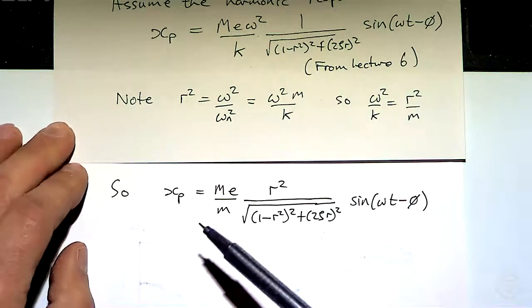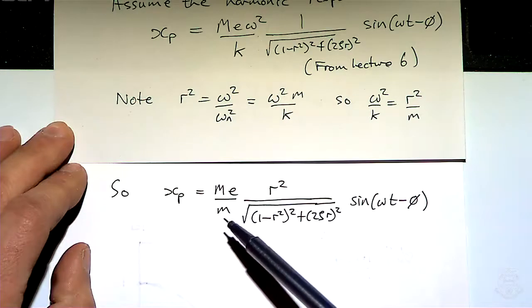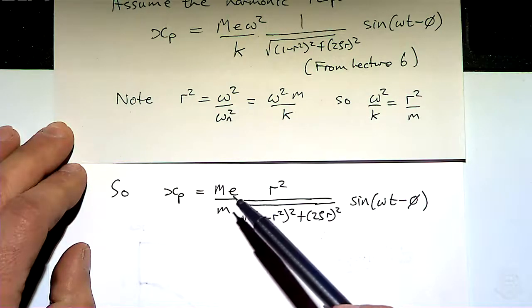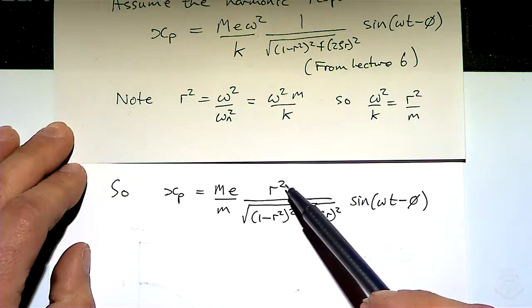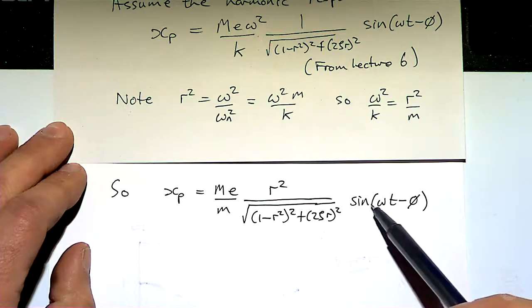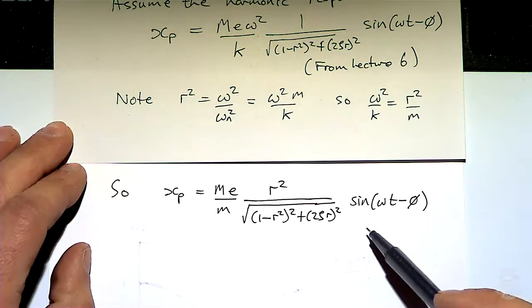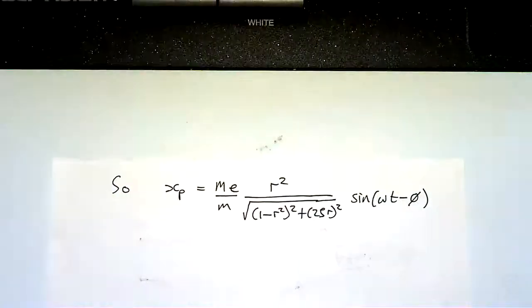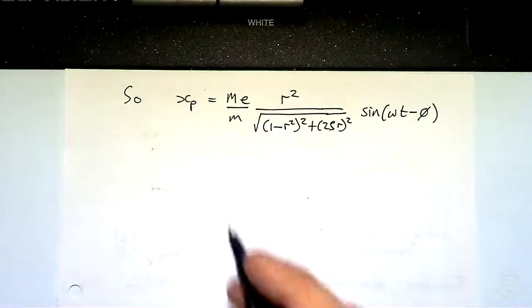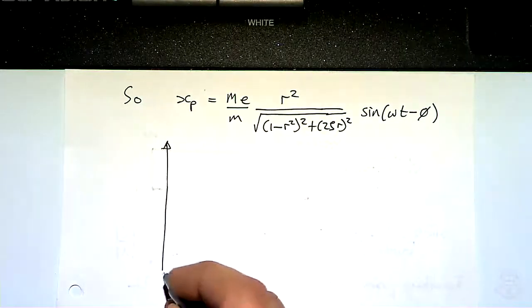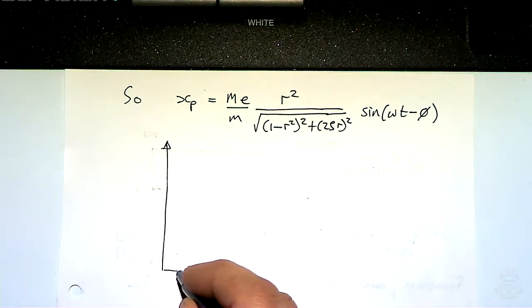This is quite nice now, because now we have the mass ratio, the eccentricity of the arm of the unbalanced mass. Here we've got r squared over our familiar square root term, and it's all times the sine. So what does it look like? Well, let's draw our normal diagram.